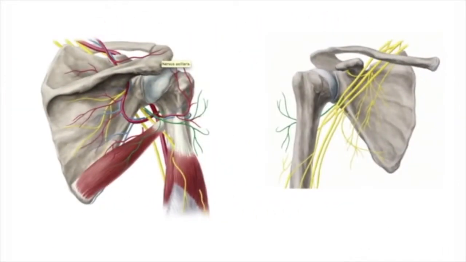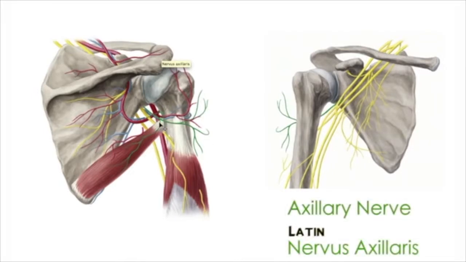The shoulder joint also has a nerve supply, and I wanted to briefly discuss it here in this tutorial. What you have here is 2 views, the anterior or posterior view on your left, and the anterior view here on your right. And the first nerve that we're going to discuss is the axillary nerve, and I have it here highlighted in green.